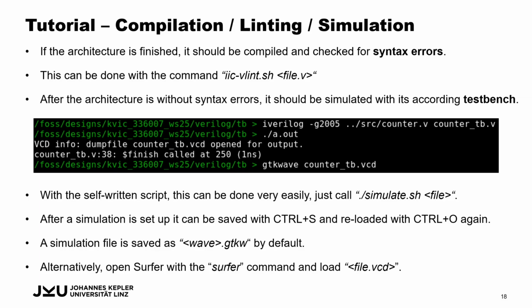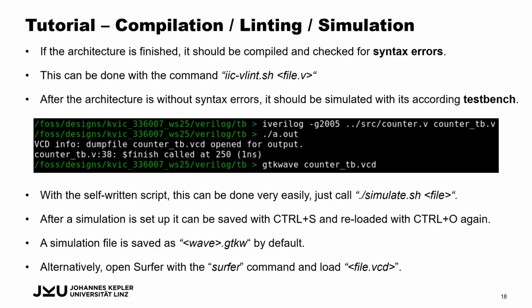And I mean, the linting alone can be done with the IIC for lint shell. And if you want to simulate, there is also in the simulate I provided a shell. Also in the GitHub repo, this is all available in there. And in this simulate shell, you also have a linting at the beginning.